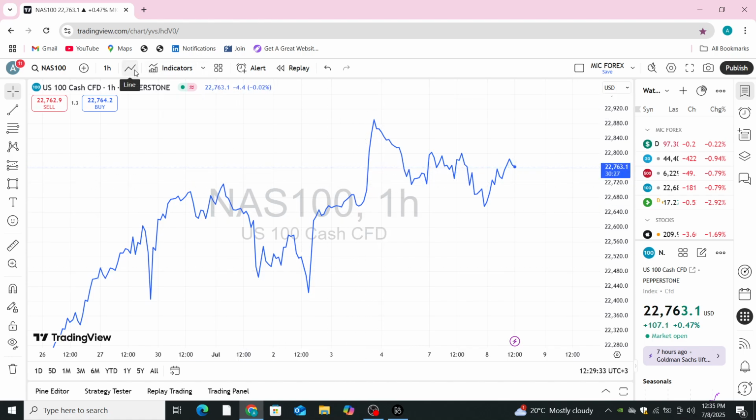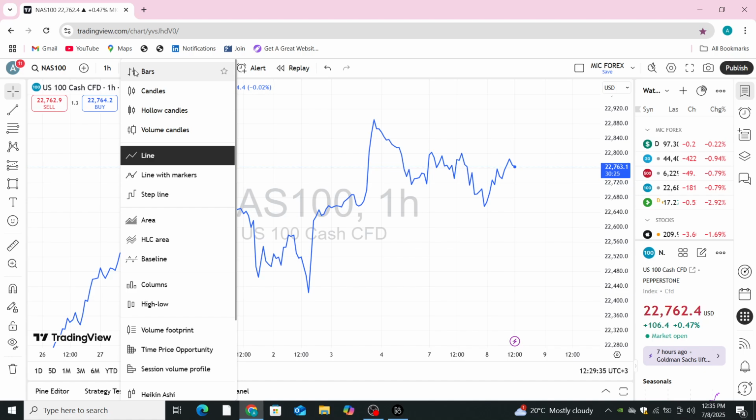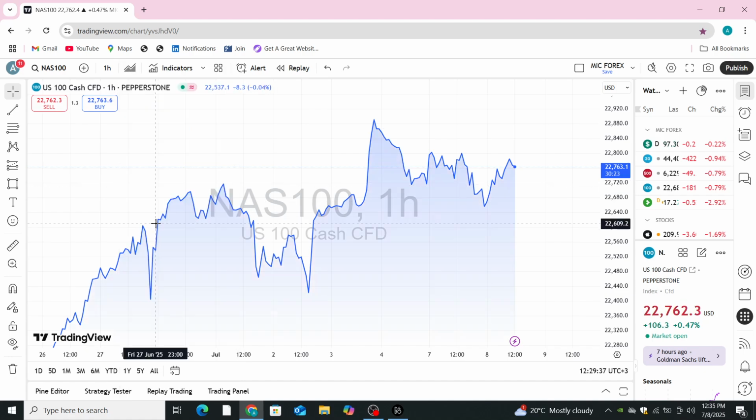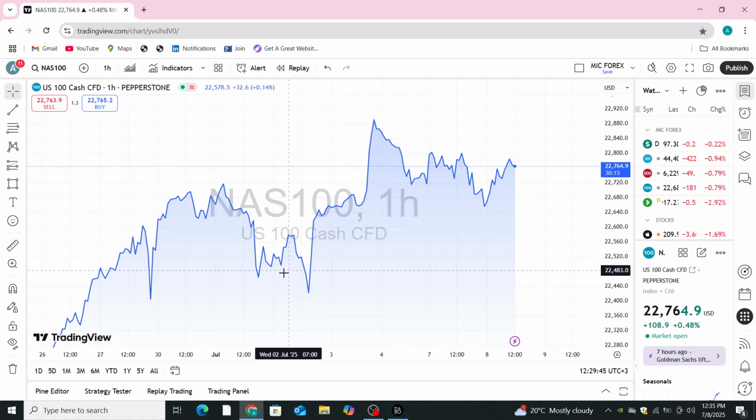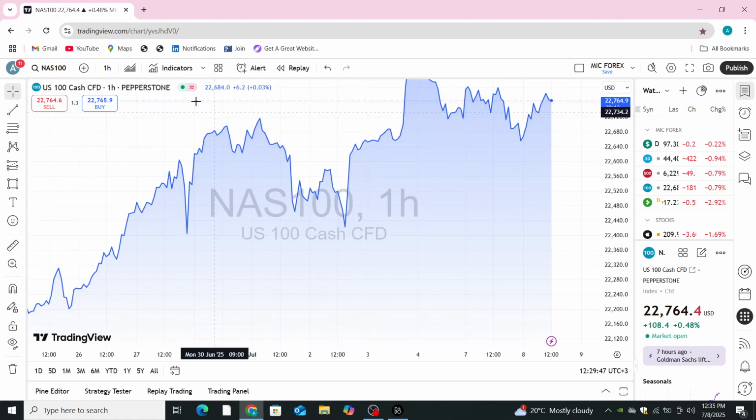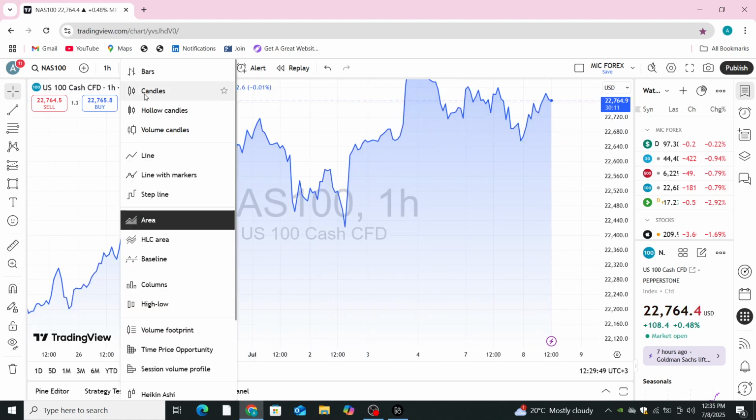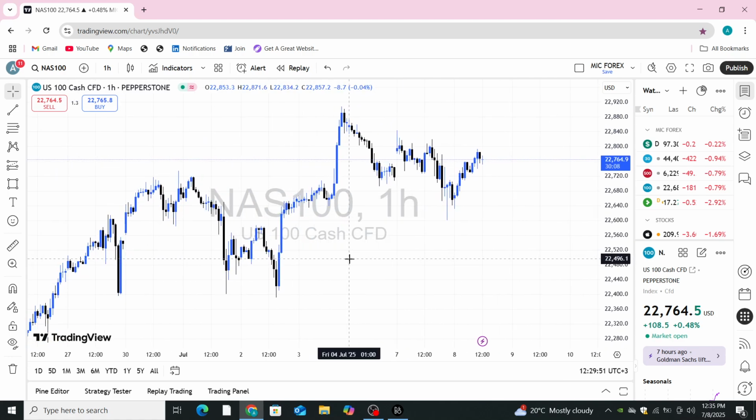So I recommend that you can also use area. Price can also be presented in the form of area, something like this. I think those who are using Deriv like using something like this, but I've told you the commonly used one for price presentation in this case is the candlesticks. Then next is indicators.